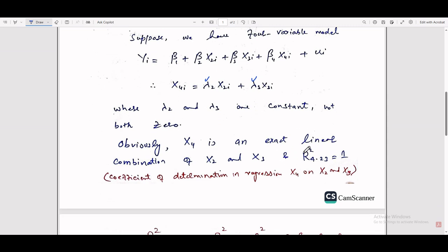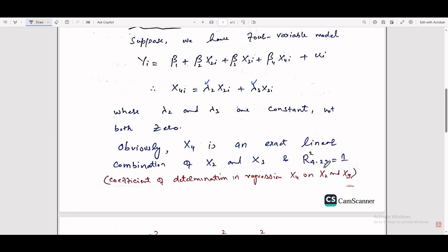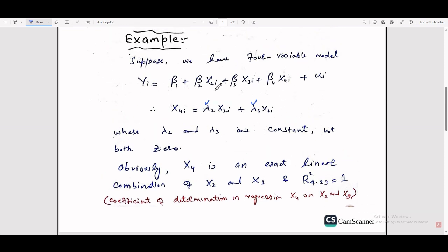This relationship is exact, and R square 4.23, meaning when we regress x4 on x2 and x3, is equal to 1. R square shows the coefficient of determination, and it is equal to 1, which means perfect multicollinearity.